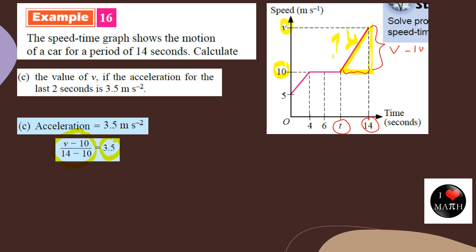You still remember 10, so you just put 10 over there. Next, you simplify the equation and you will get v minus 10 equal 14, and then your v is 24. So you have answered the question.